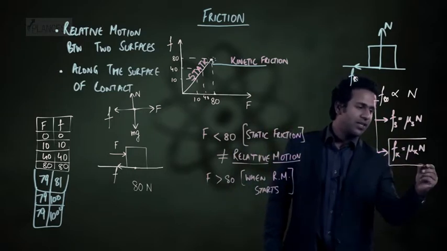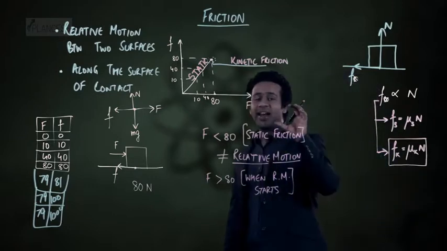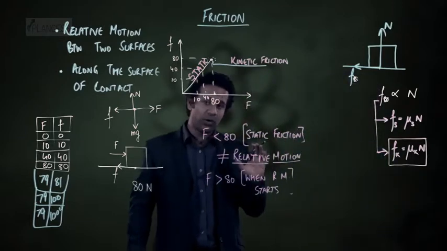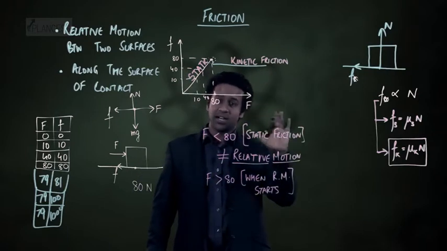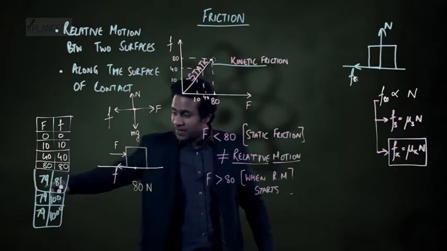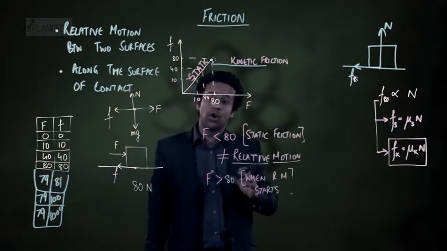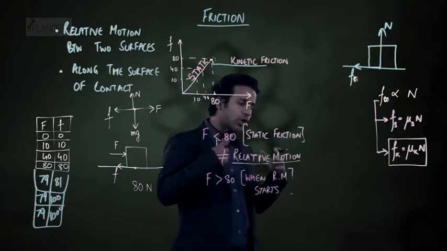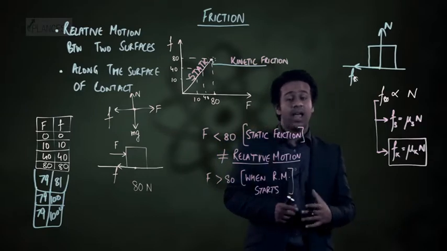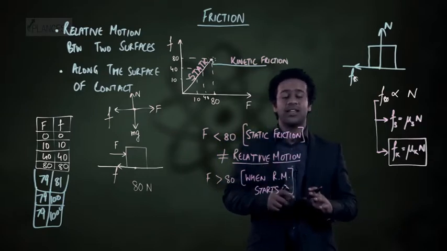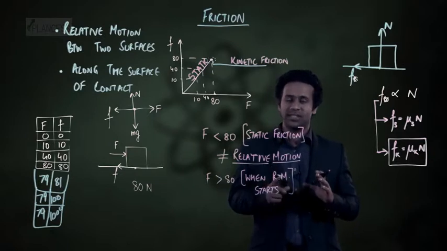In this case, we know that kinetic friction has a single value. This means that once the motion starts, the value of kinetic friction does not change. So kinetic friction starts to act once the motion starts, and once that happens, there is only a single value of friction that will act.